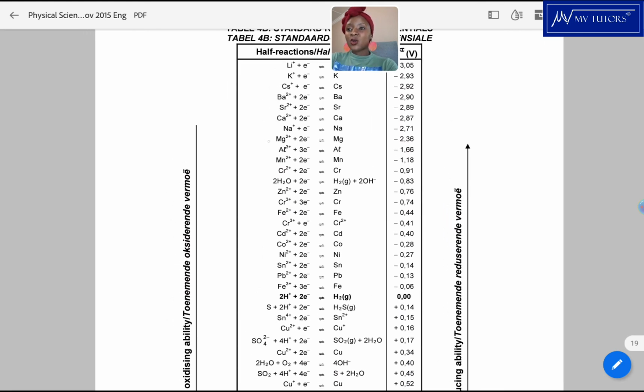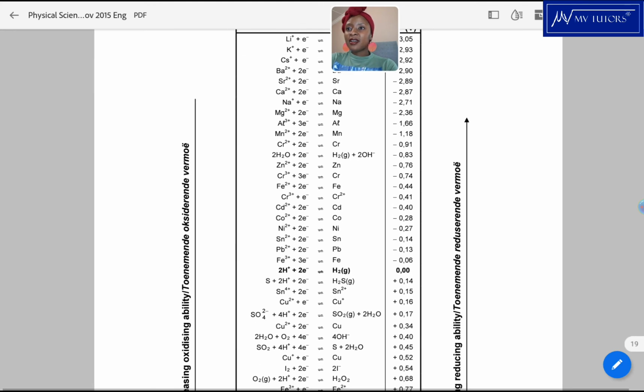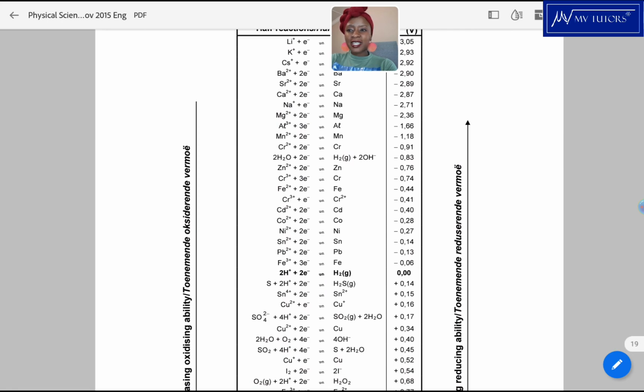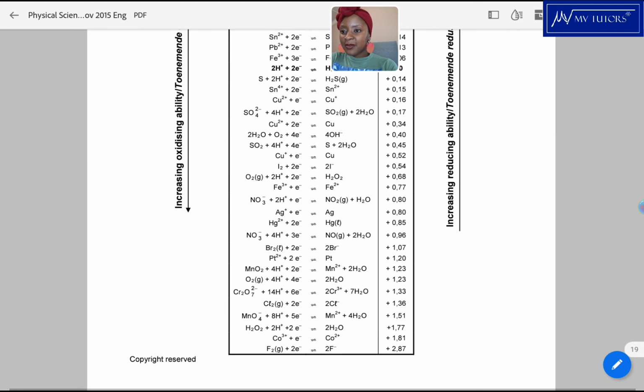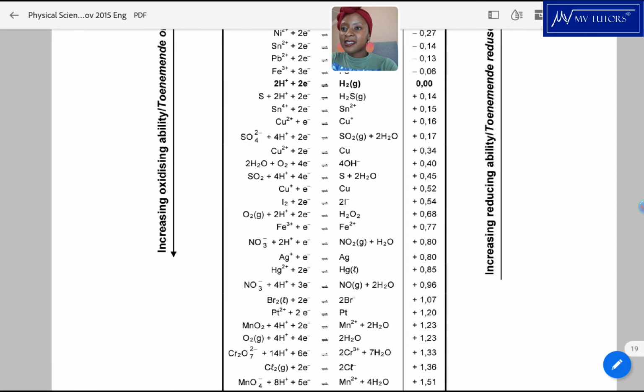So we had iodine and chlorine and all of that. You have iodine here, and we said it would oxidize better than the OH. So where do we have hydroxide? Let me see where hydroxide would be in this case.